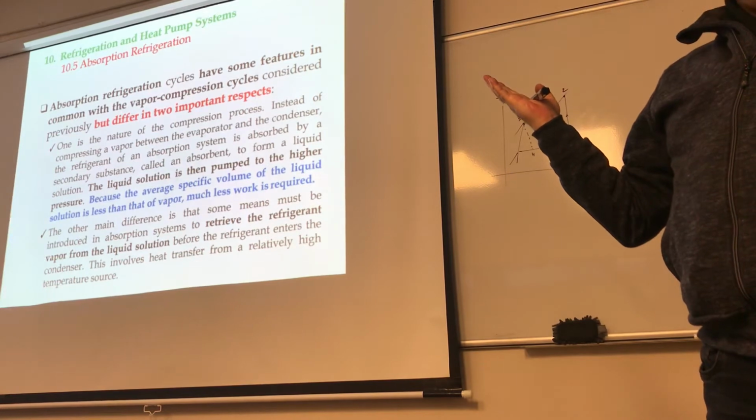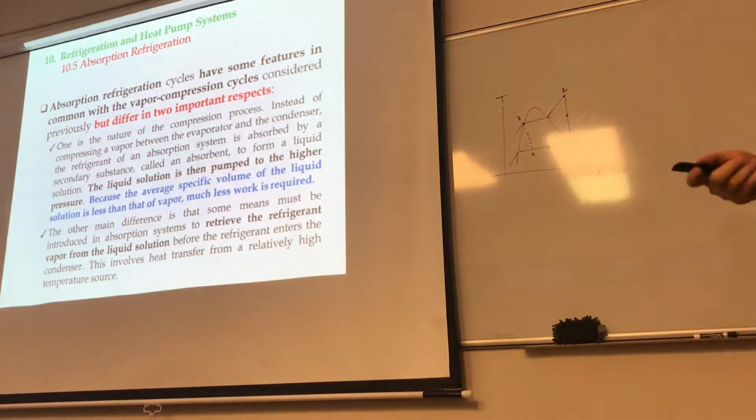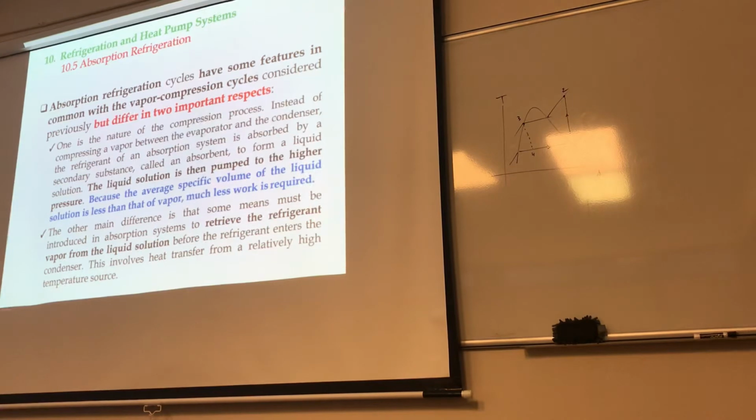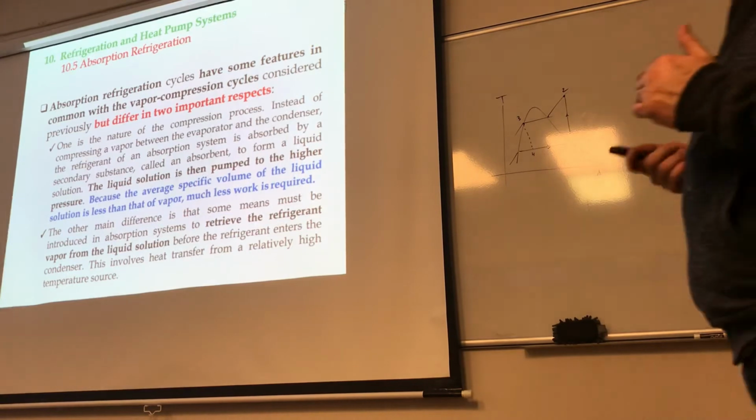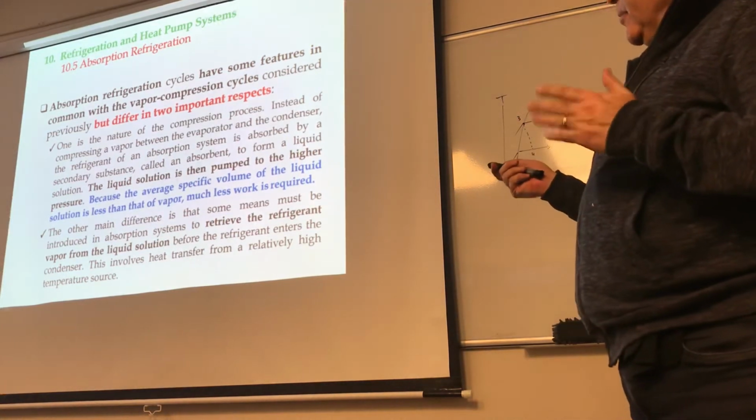You probably all agree with that when you look at the tables. So the liquid solution is then pumped to the higher pressure, and this is the idea. Because the average specific volume of the liquid solution is less than that of the vapor, much less work is required. That's the whole idea behind it, versus vapor under compression.